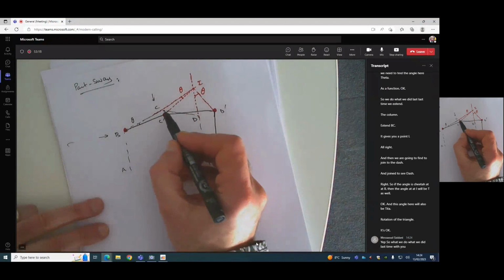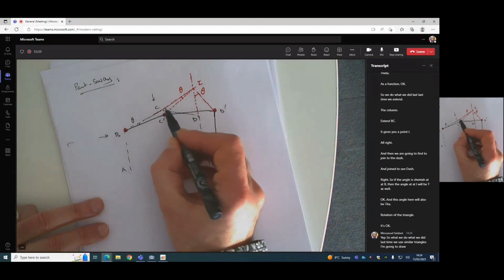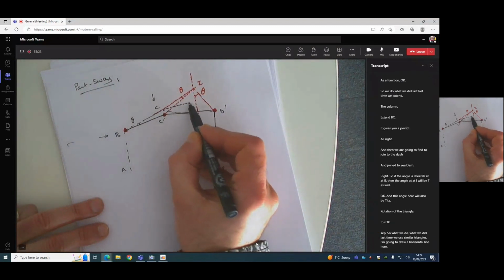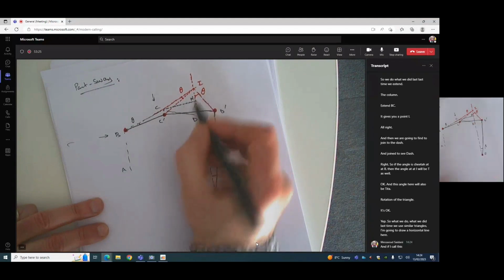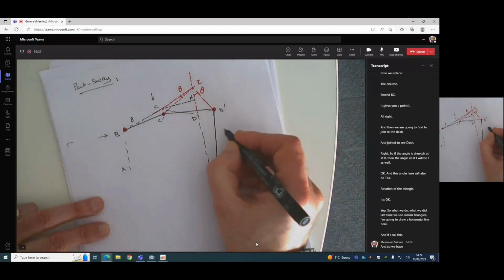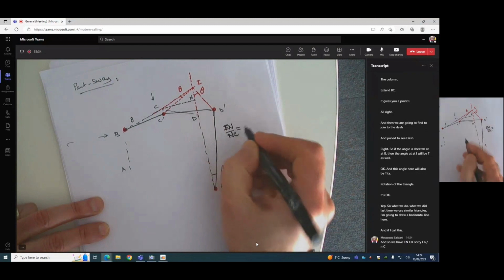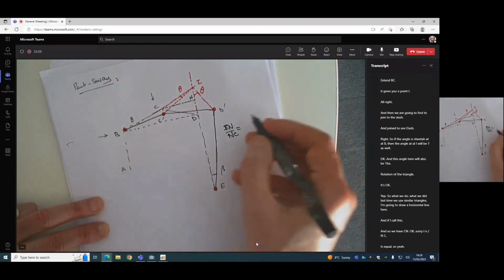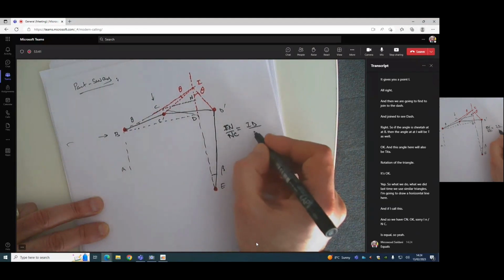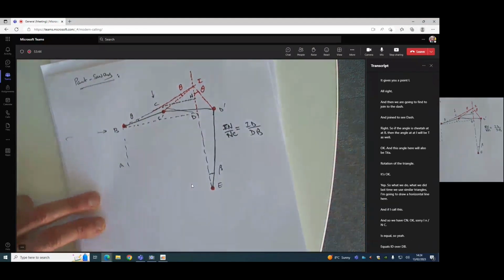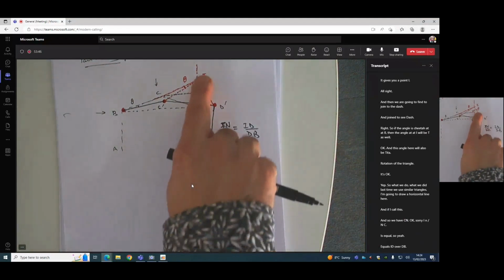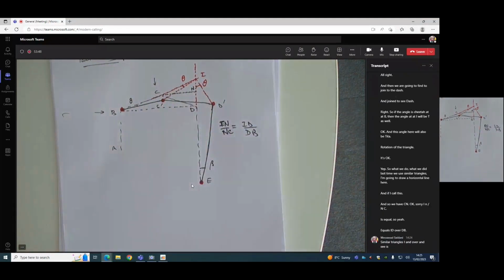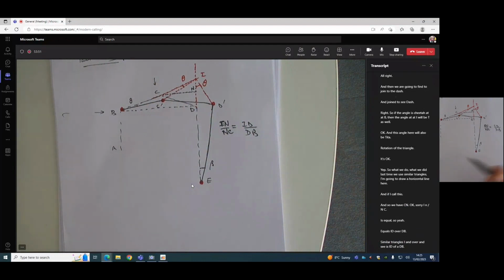We use similar triangles. I'm going to draw a horizontal line here, and if I call this N, we have IN over NC equals ID over DB. Similar triangles. So now we substitute.